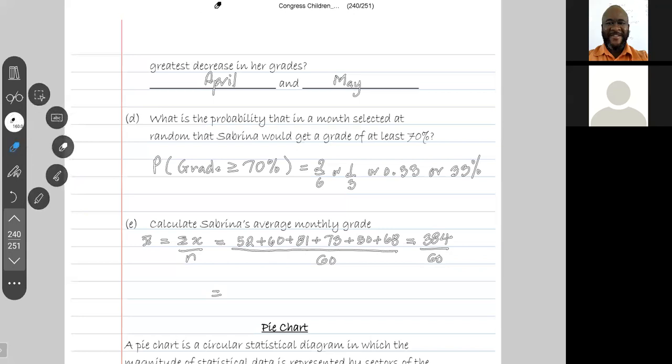It's divided by 6. And what we get is 64%. So all this is saying is that Sabrina's average monthly grade is 64%.